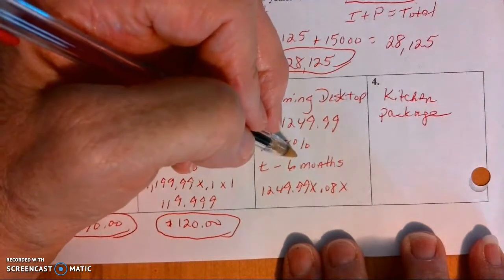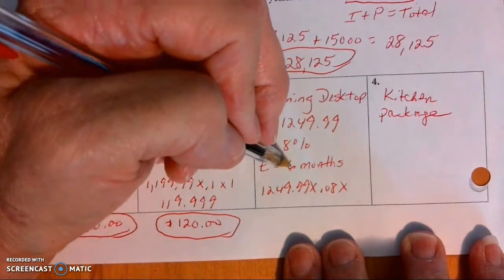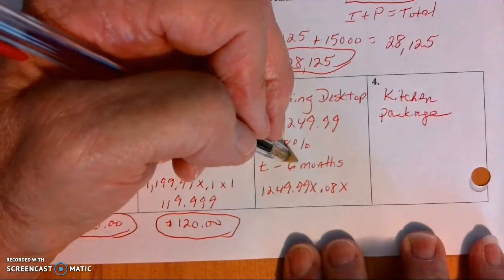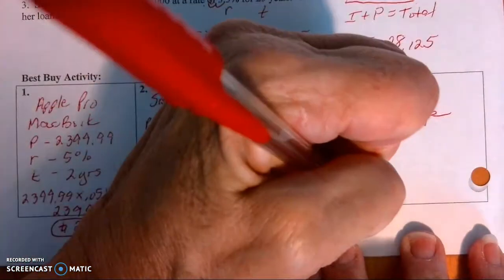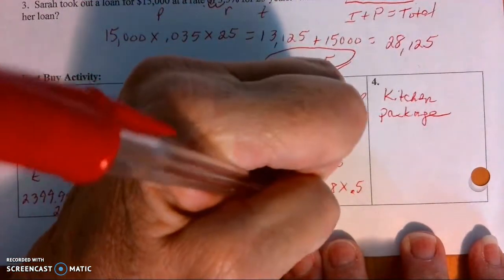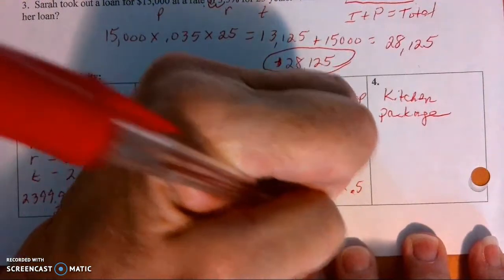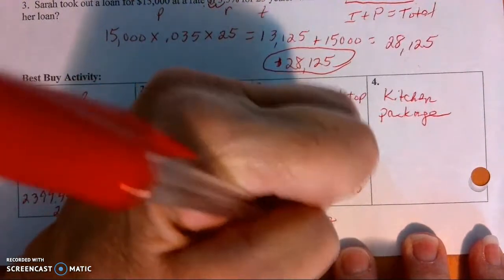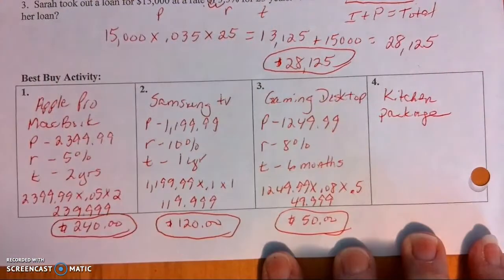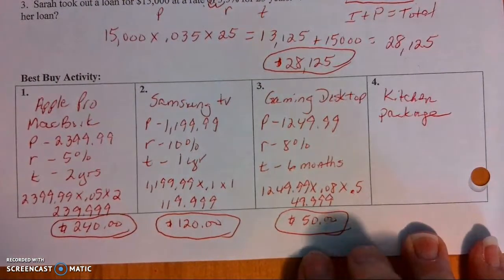But I'm not taking this out for a full year. I'm only going to take it out for 6 months. 6 months is half of a year, so I'm going to multiply by 0.5. Here again, it's going to be 49.999, or I'm going to pay an additional $50 interest.